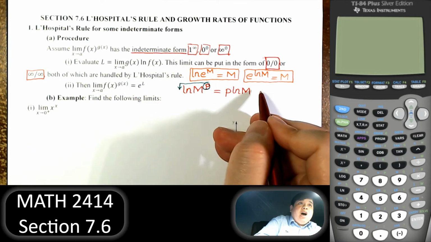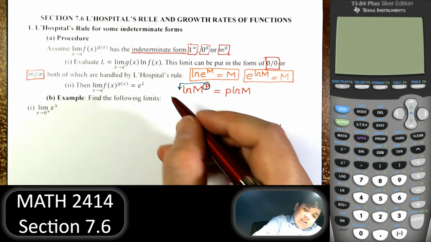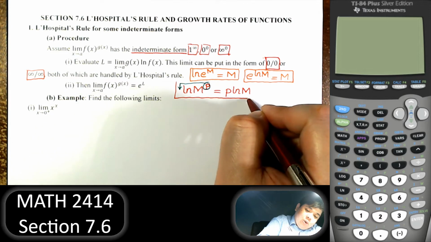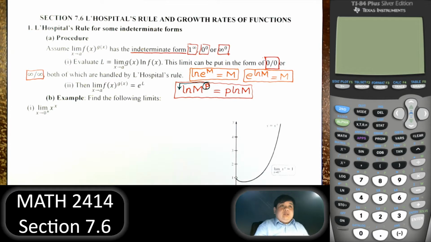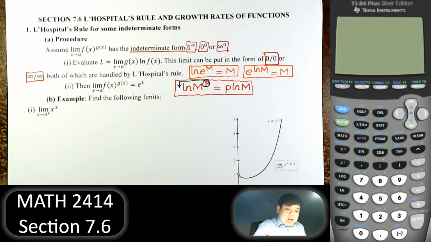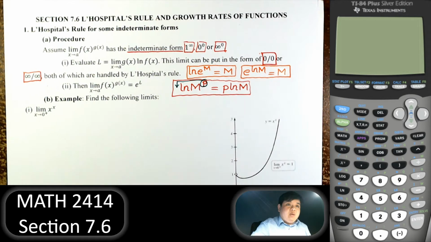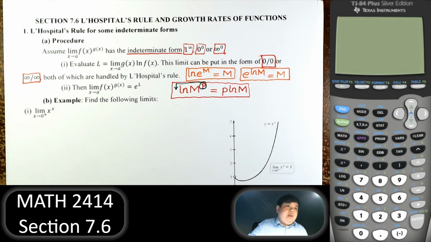Or we can take the power back in. Those are the things that we can use and we should see in this section because we have the powers or the exponents.